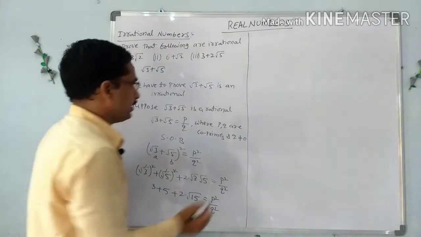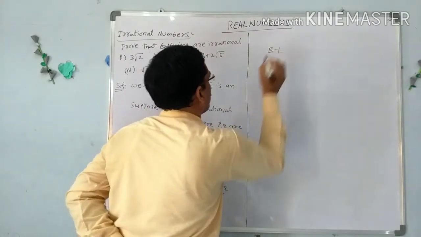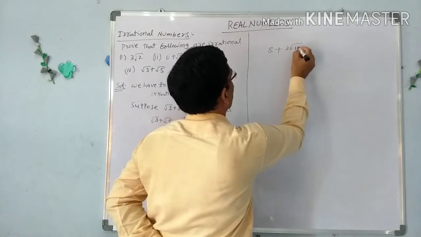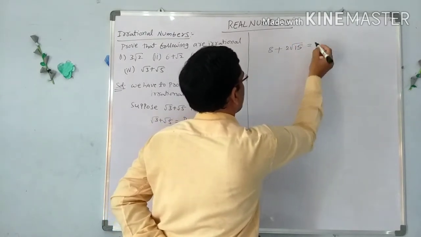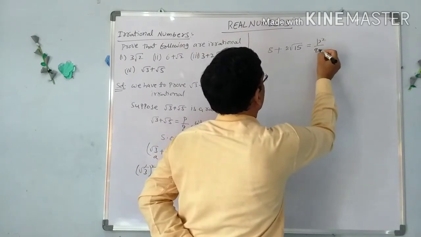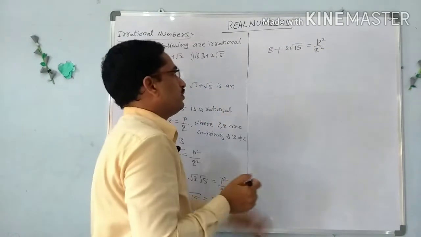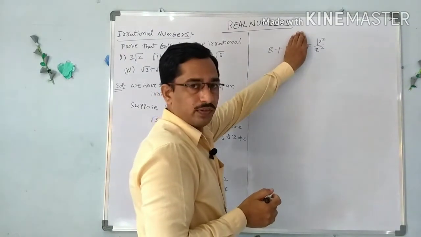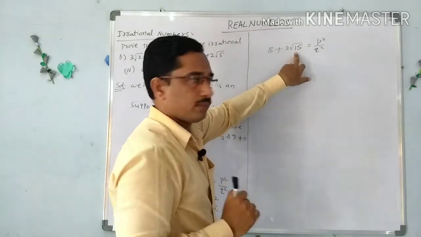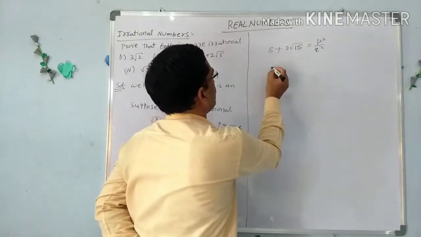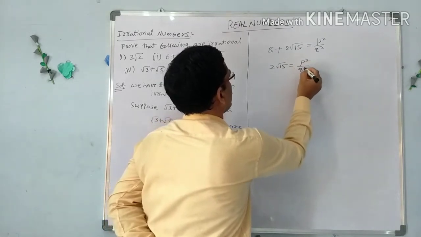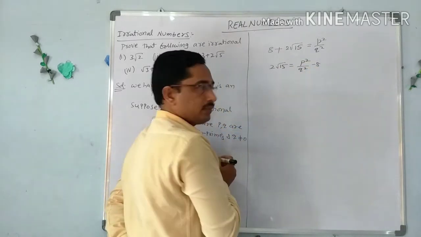Now 3 plus 5 is 8, plus 2 root 15 as it is, equals the right side p square by q square. Now we can separate root 15. We have to make root 15 single and transpose all the other terms to the right side, because it is the only single root term.